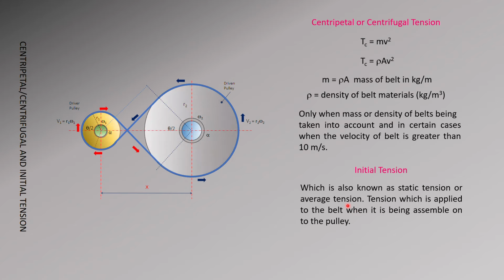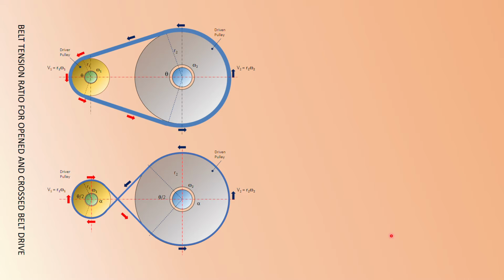When we say average tension, that means T0 can be taken as (T1 plus T2) over 2. It is the tension applied to the belt when it is being assembled onto the pulley. So that is your initial tension.